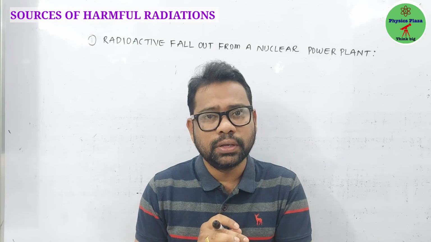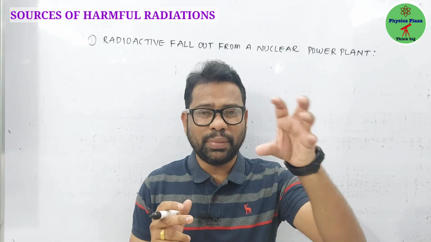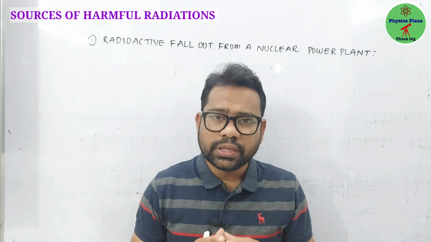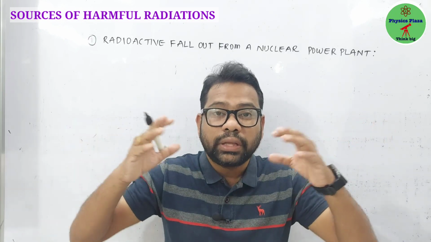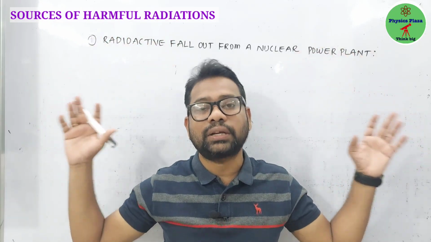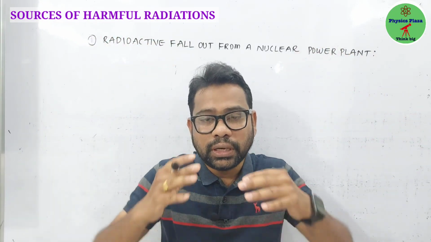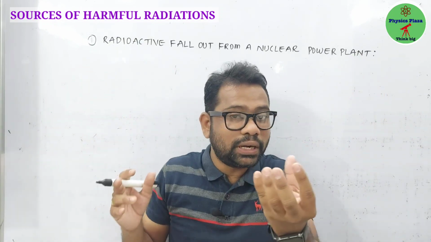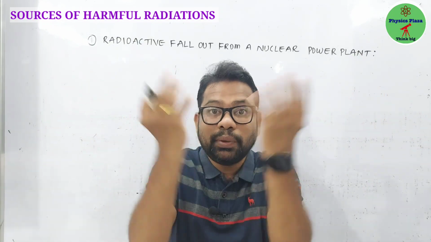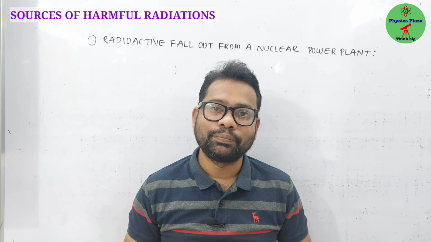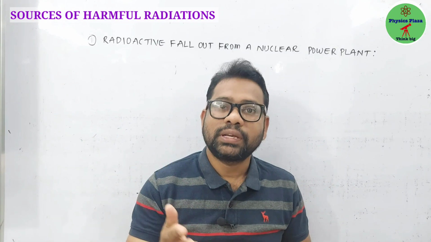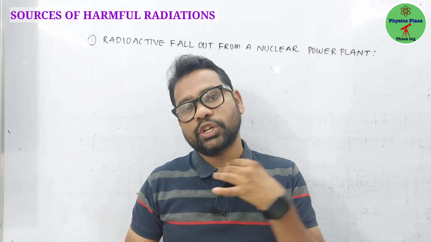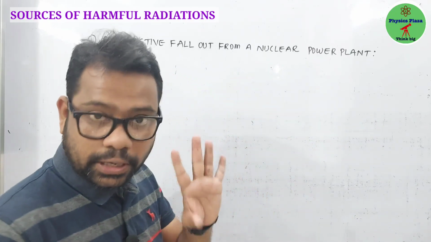As radioactive material is in the core, whenever there is a blast, the radiations will come out of the reactor. The material keeps emitting radiation continuously, so that becomes a source of radioactive radiations. Clear? And they are very harmful.